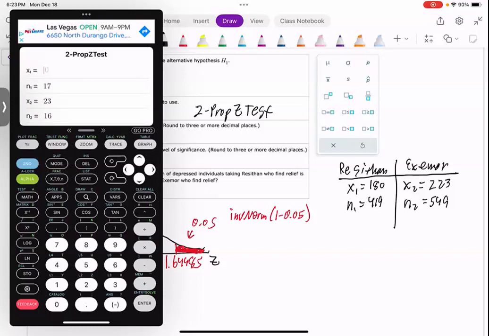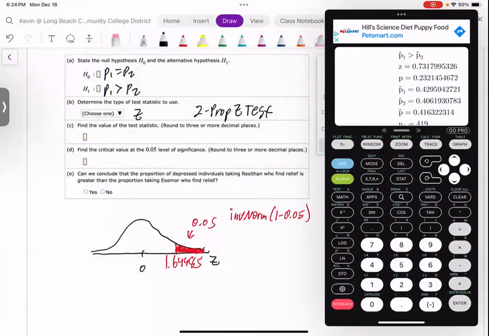So x sub 1 is 180, n sub 1 is 419, x sub 2 is 223, n sub 2 is 549. This is a larger than or equal to. And here we go.